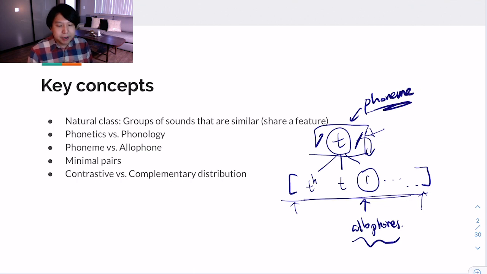And a minimal pair is a set of two words that are completely the same except for one segment.